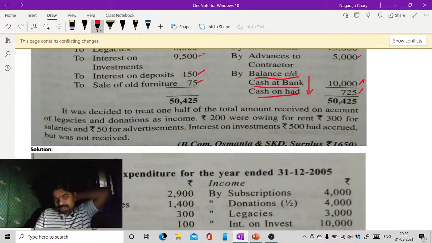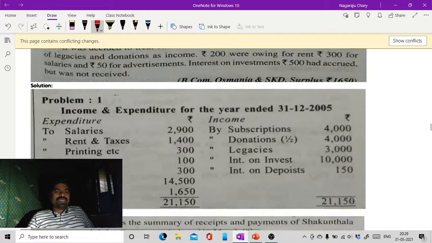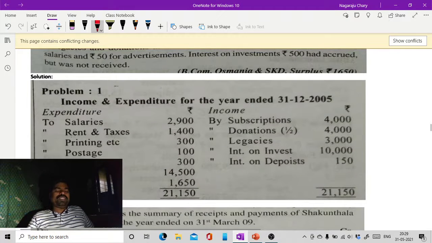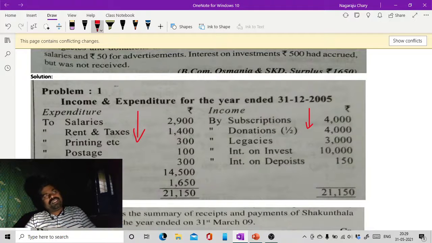So you see in this account, expenditure and losses are to be recorded on the debit side, and income and gains are to be recorded on the credit side. Income and expenditure account is nominal account in nature.